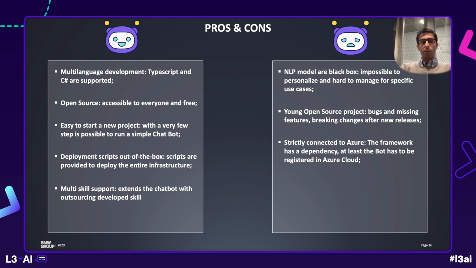And it's a young open source project, so sometimes you find bugs or missing features that you would like to have, and when a new release comes up, there are usually breaking changes that make the life of the developer very hard. And also it's strictly connected to Azure, which means that at least you have to have the bot service deployed on the Azure cloud.